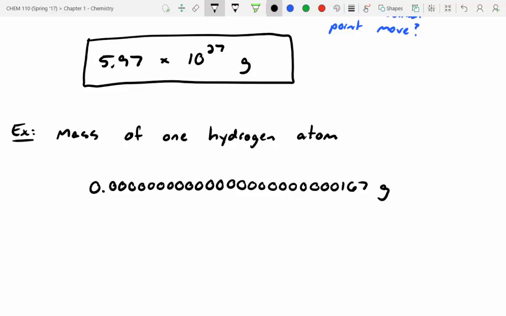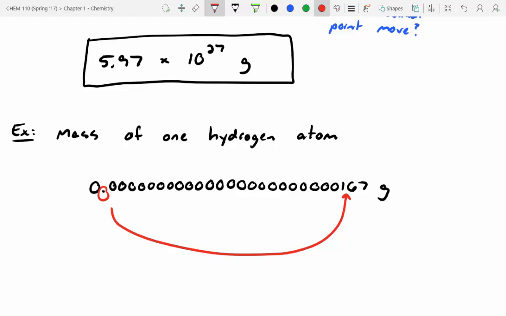So now what we need to do is move that decimal point to a more convenient location. Where do you guys think we should move it? To the right. After what number? Yeah, probably after the 1. So I'm going to move it all the way over there. And then the question is, how many places did we move it? 24.